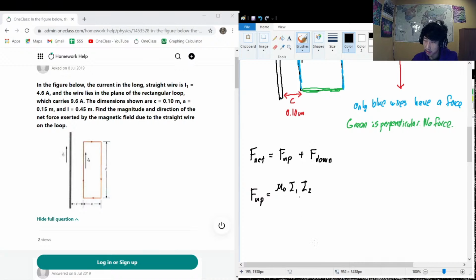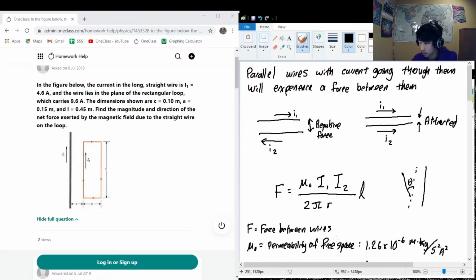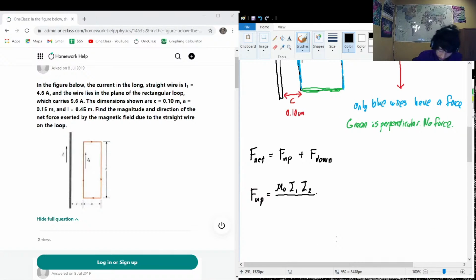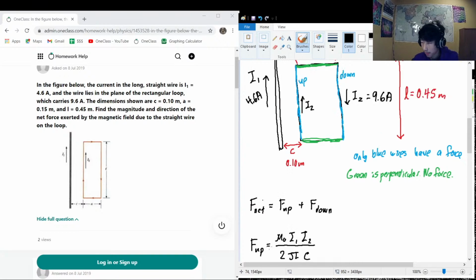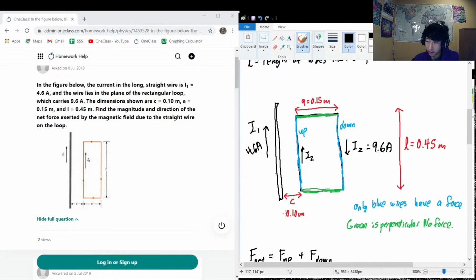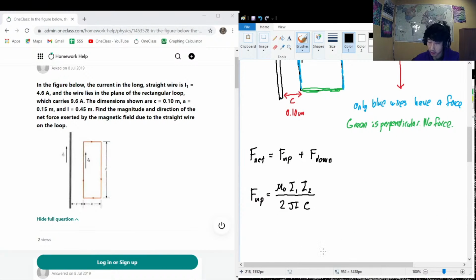We divide that by 2 pi r, but in this case r is equal to C, the separation between the wire that's not in the rectangle and the wire that is in the rectangle. For the other one, it's going to be C plus A, but we'll get there. And this is times L. That is the entire equation.